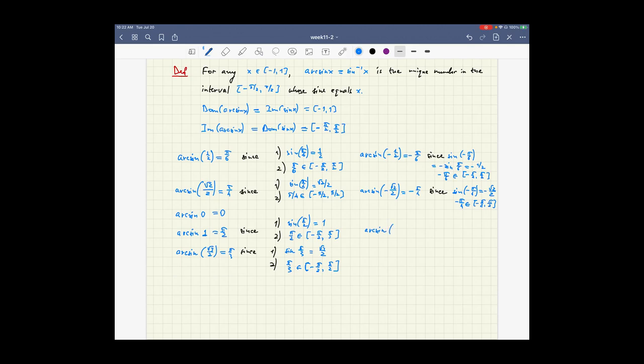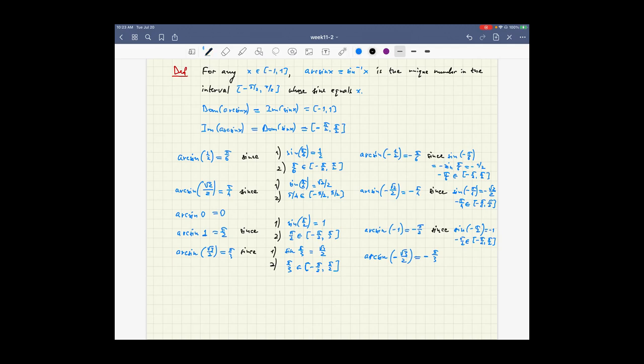Arcsine of negative 1 is negative pi over 2. That is, of course, sine of negative pi over 2 is negative 1, and because negative pi over 2 is in the interval. Likewise, arcsine of negative root 3 over 2 is negative pi over 3.